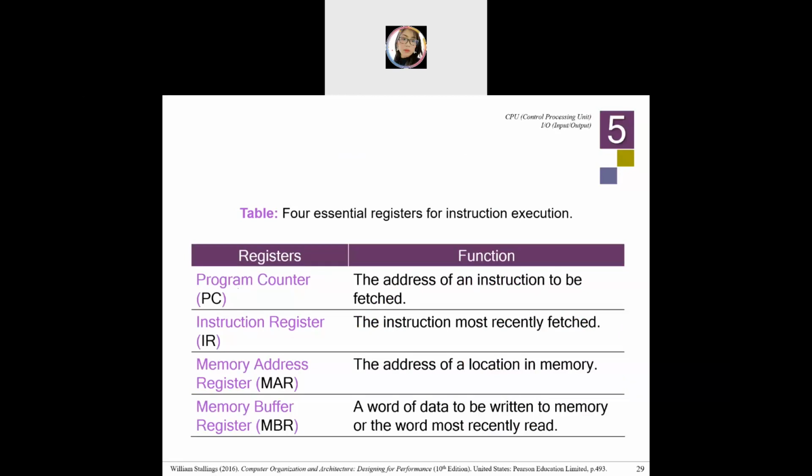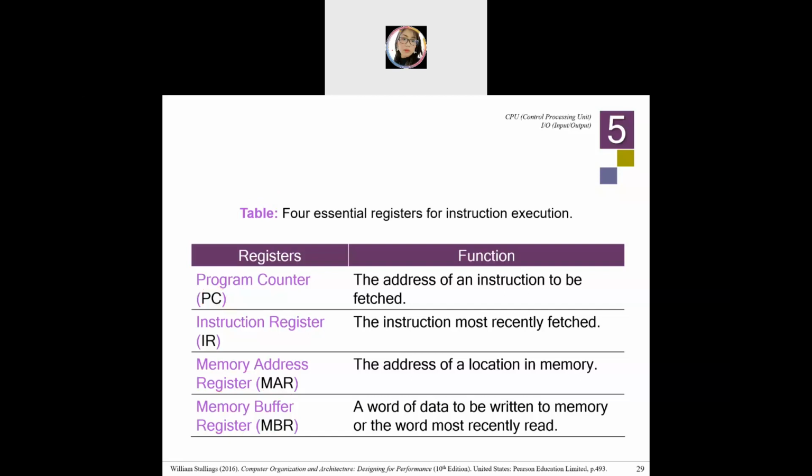First, we have the program counter, which is PC. Last time we did take a look also at our program counter at the end of our module 4. We played around with the program counter. We have also the instruction register, IR, the memory address register, MAR, and the memory buffer register, MBR.